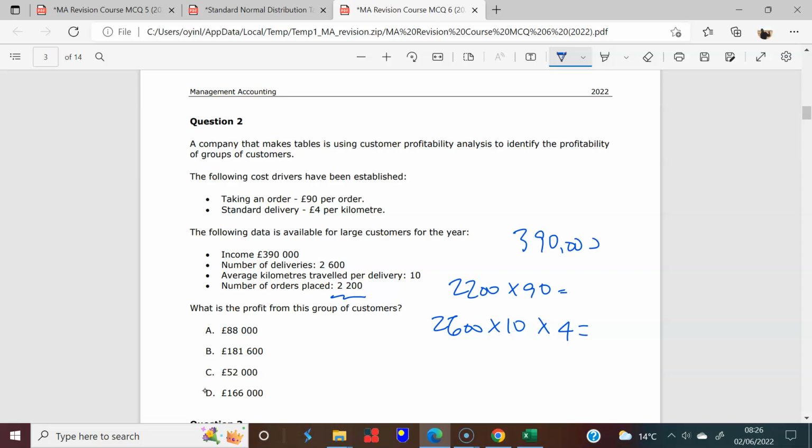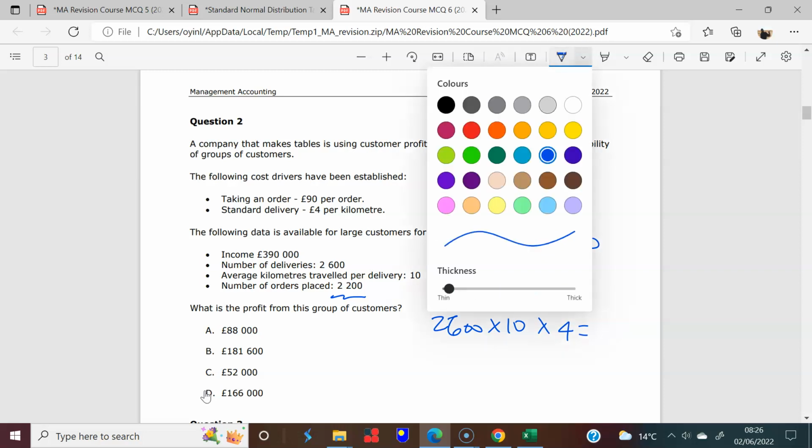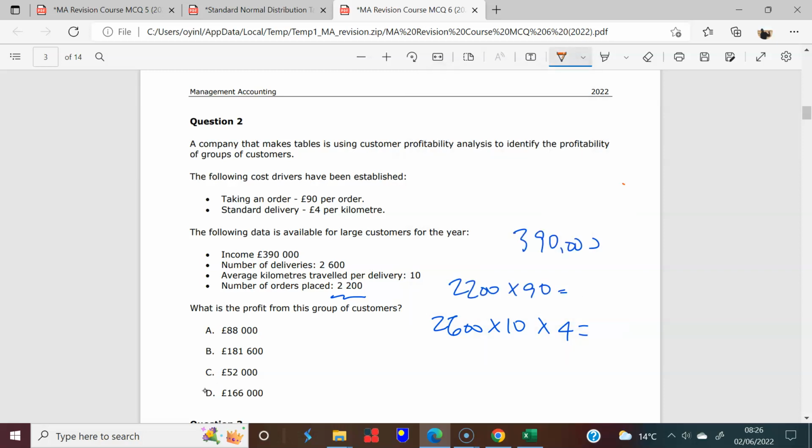So now what you have is 2,200 times 90, which gives you 198,000.